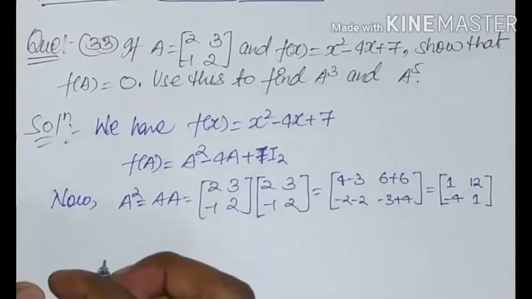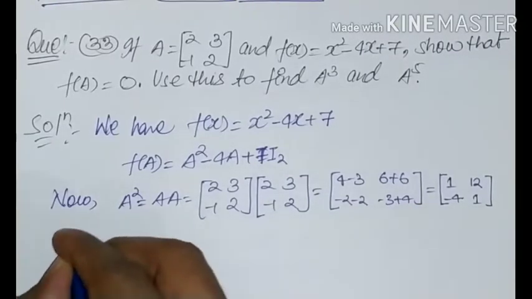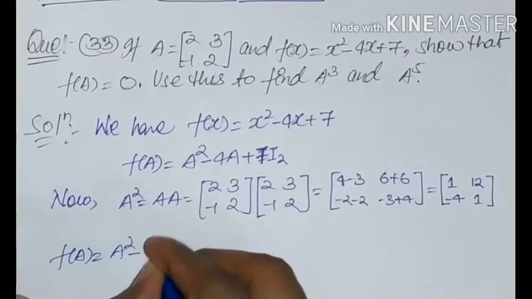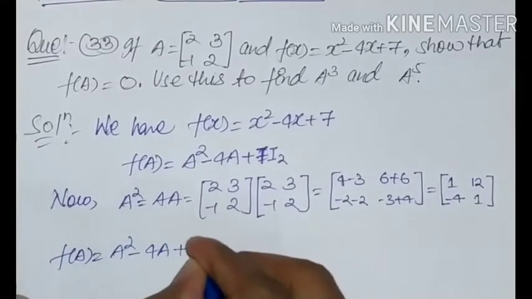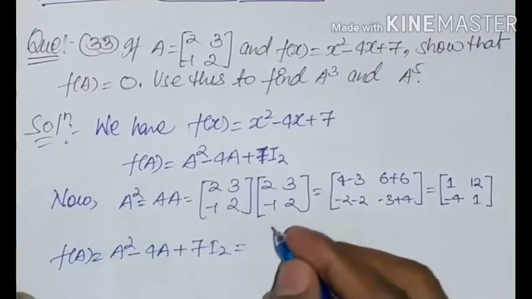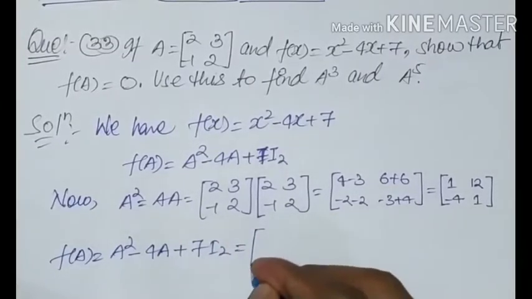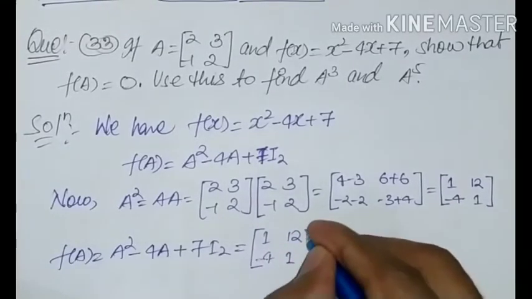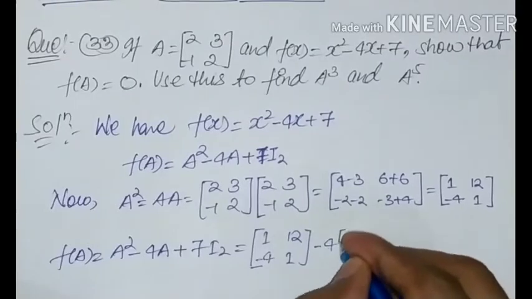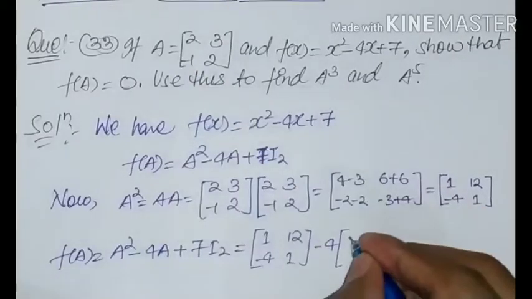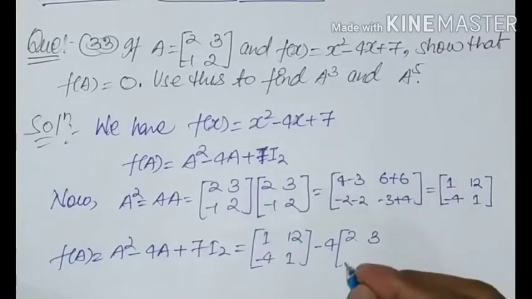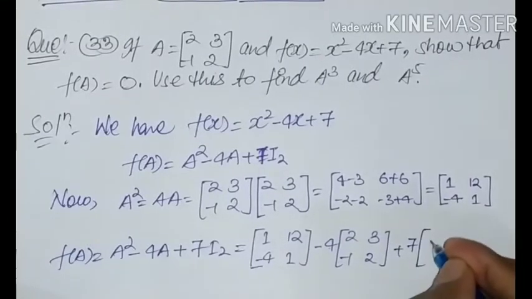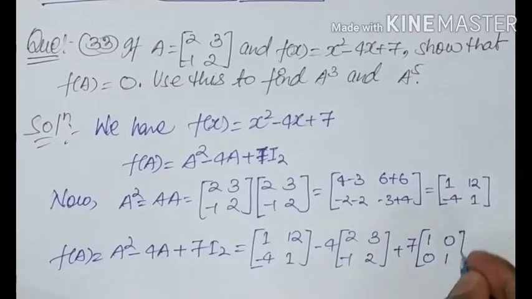Now I'm going to find the value of f(A). f(A) equals A squared minus 4 times A plus 7 I2. The value of A squared is [1 12; -4 1], minus 4 times A, which is [2 3; -1 2], plus 7 times I2, that is [1 0; 0 1].